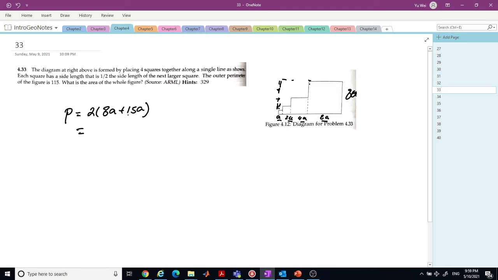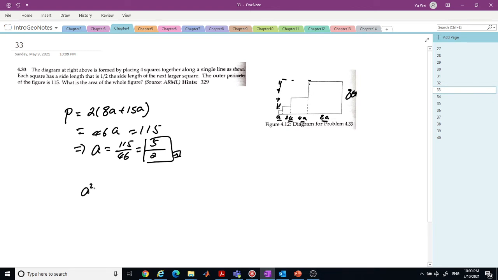So this one, 46A is equal to 115. Now you can calculate A is equal to 115 over 46, which is 5 over 2. That's A.